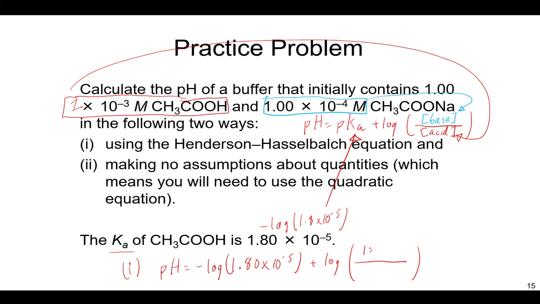So this 1 times 10 to the negative 4 molar over 1 times 10 to the negative 3 molar. And doing all this, I should get for the first part pKa 4.74 minus 1. So my final pH here, calculating all this out, is 3.74. Okay, that is part 1 here.